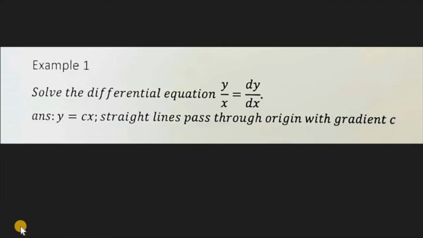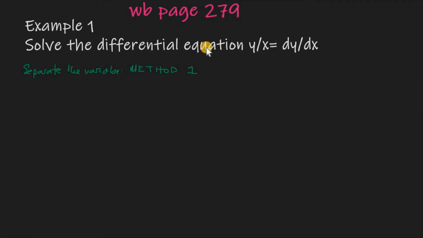So given in our workbook page 279, example 1, solve the differential equation y over x equivalent to dy dx. So this is called a differential equation because of that dy dx. Okay, so let's solve it. Solve here means that we would like to get y as a function of x. I'm rewriting it back here. So it was y over x equivalent to dy over dx.